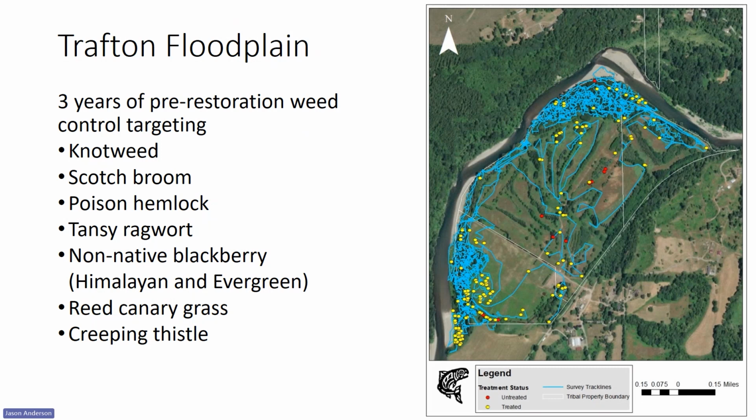Predominantly, these are knotweed patches. However, some of them are poison hemlock patches, as well as tansy ragwort and reed canary grass. The red dots were untreated at the time we did the survey, but they have been subsequently treated. They've been injected with herbicide.